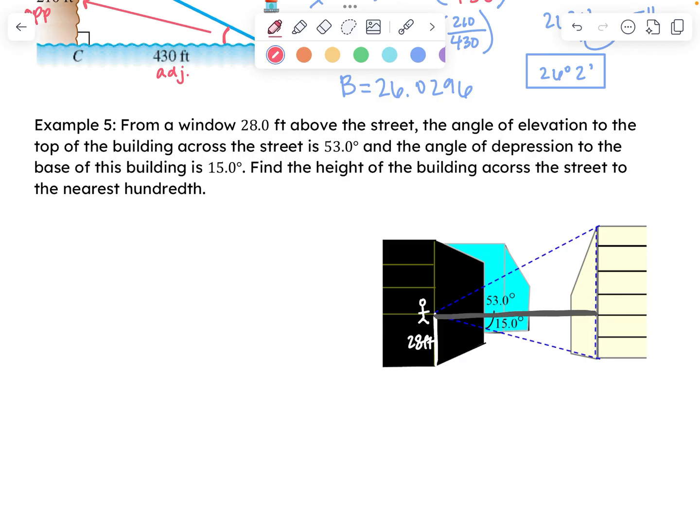The angle of elevation up is 53 degrees, and the angle of depression down is 15 degrees. You need to find the total height of that building over there. So that means you need to find the height here.